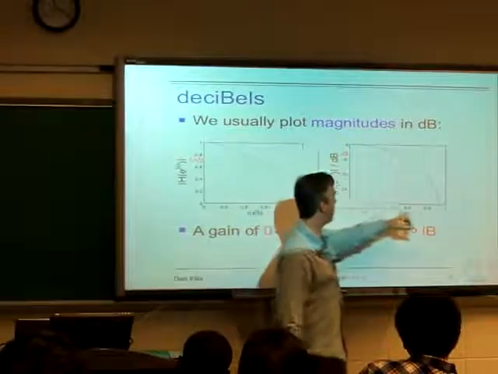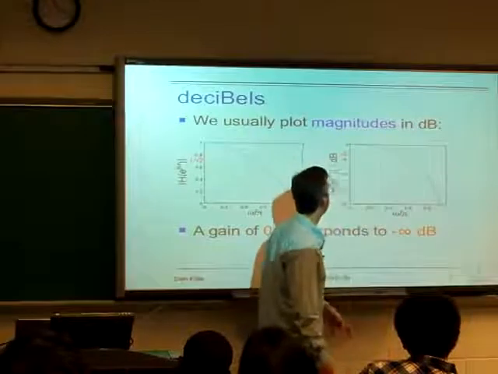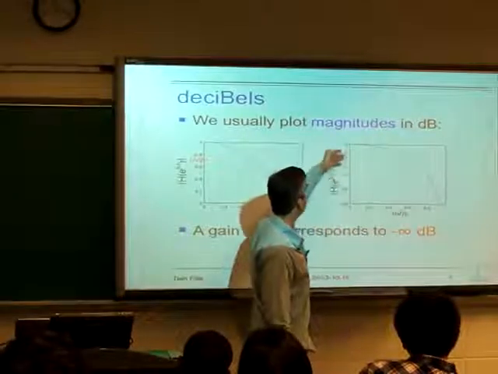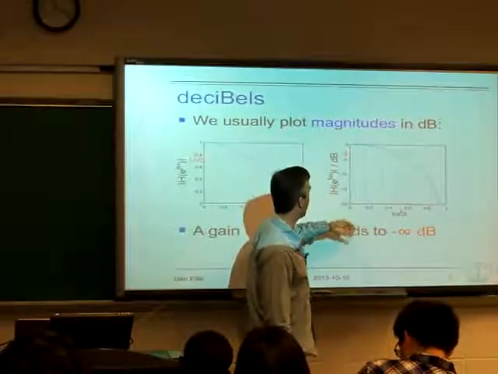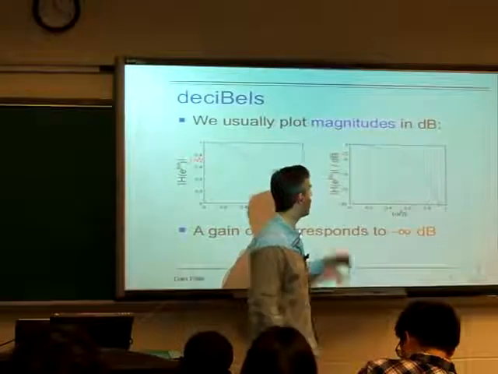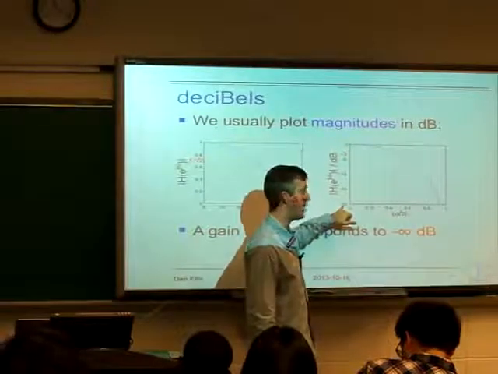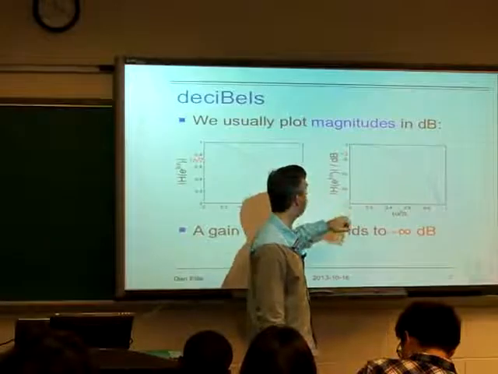The gain of 0 corresponds to negative infinity dB, so it falls off the bottom of the plot. We could make this axis as long as we liked, but typically we care about a range of a few tens of dB. Minus 20 dB is the dB of an amplitude gain of 0.1.